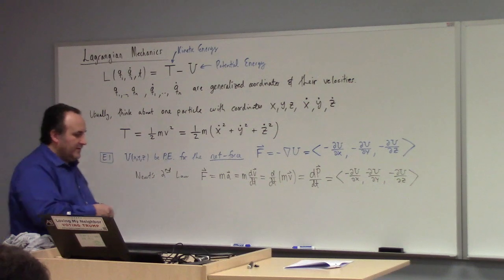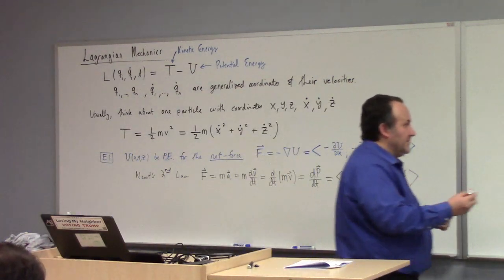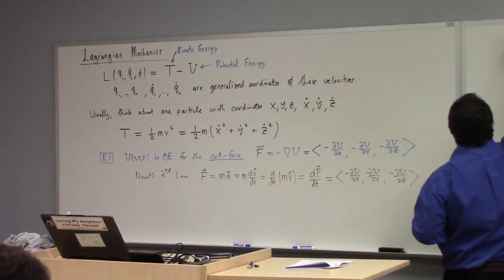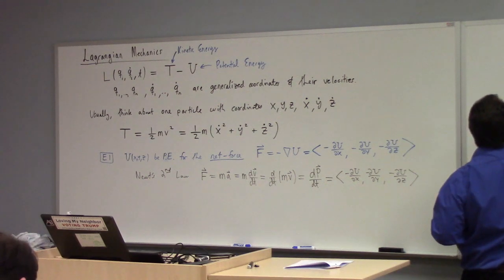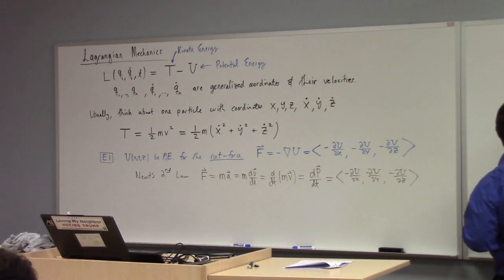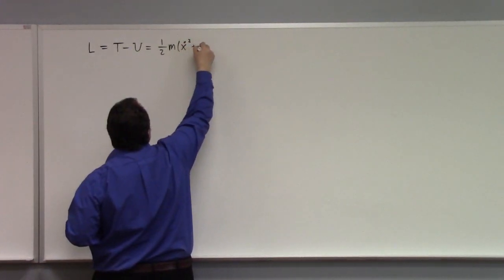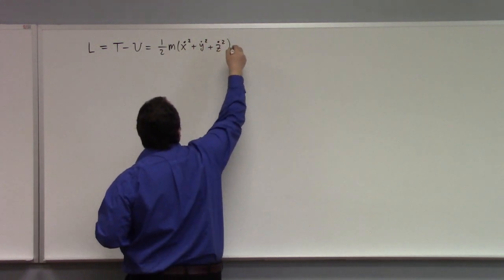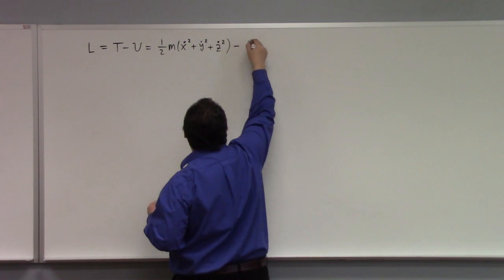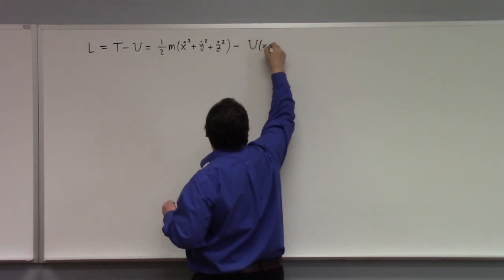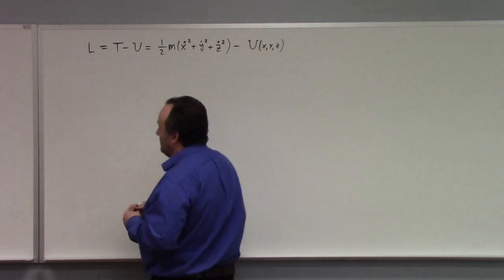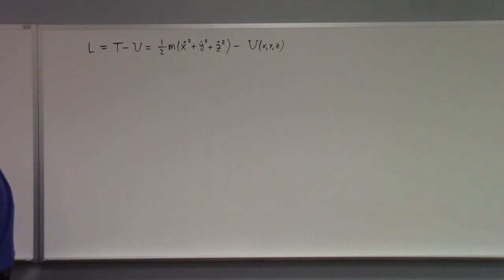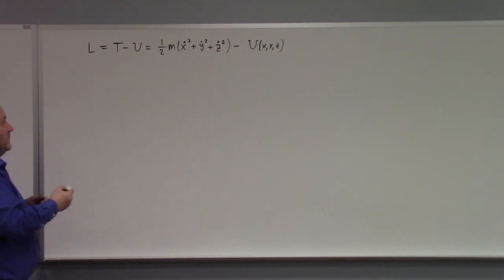So Lagrangian mechanics, for this particular example, the Lagrangian is equal to T minus U, which in my current context is 1/2 m times x dot squared plus y dot squared plus z dot squared, minus U, which is, generically speaking, a function of x, y, and z. All right? So the Euler-Lagrange equations follow from what's called the action.